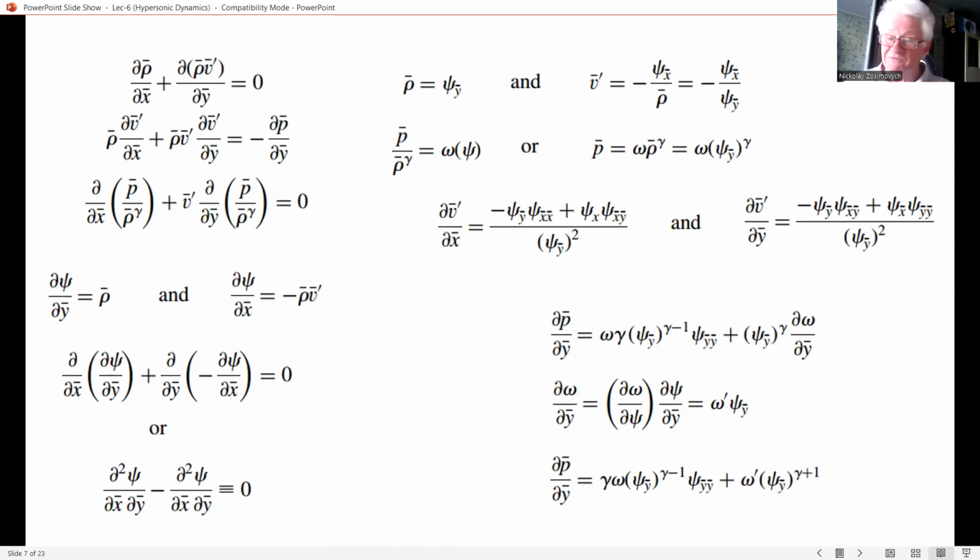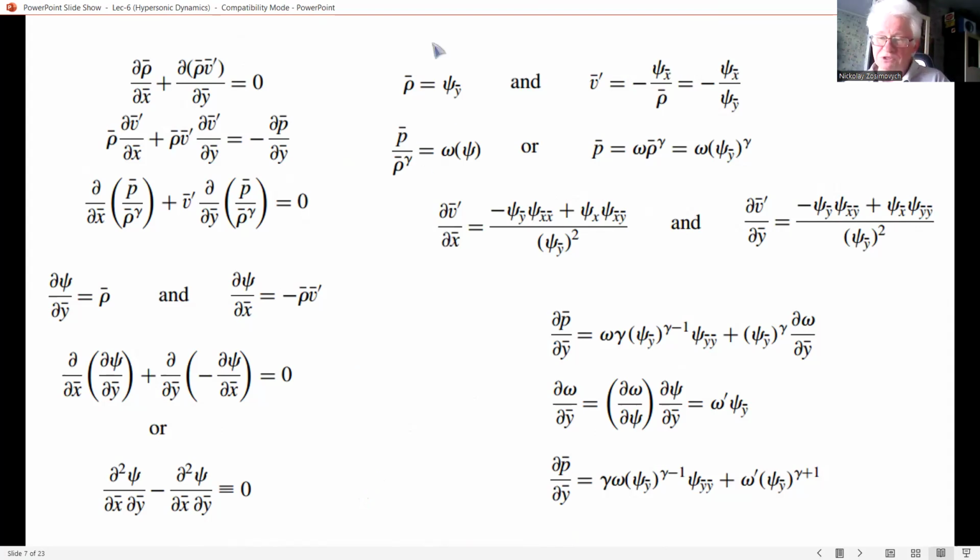To be a valid stream function, psi must satisfy the continuity equation. And substitution into this equation yields that psi is defined by means of the next two equations, which does indeed satisfy the continuity equation. And using the subscript notation for partial derivatives, we obtain this equation.